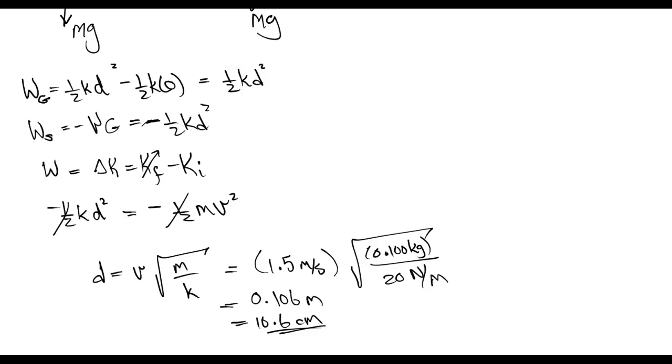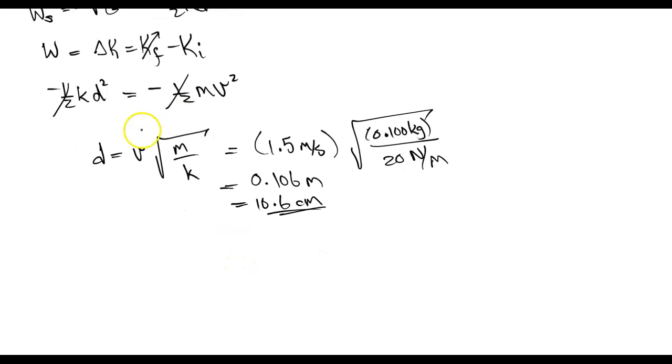For part B, if the air is turned off, so now there's friction in the system, and that system now has a coefficient of friction mu 0.47, then we can say that the work done by the friction force is the friction force times the distance that the glider travels times the cosine of the angle between them.